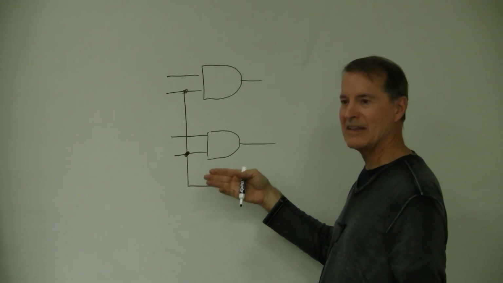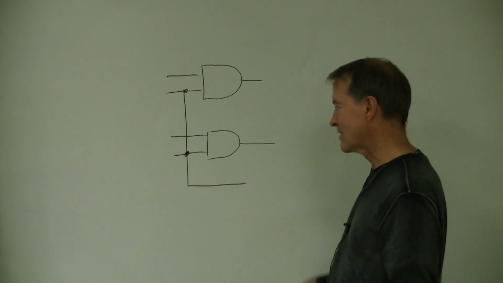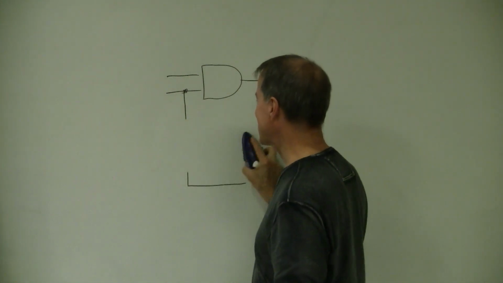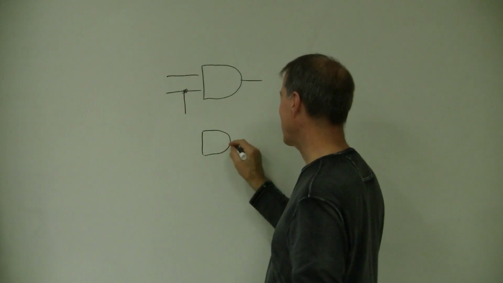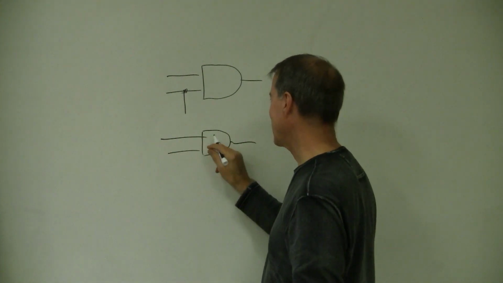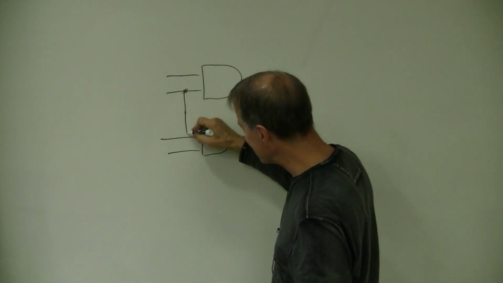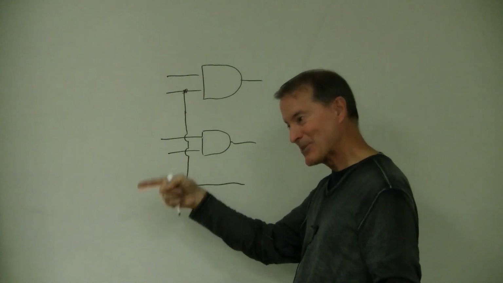So if you want to get in the habit of drawing good circuit diagrams, the way it's always done, and I tell you, I used to see this, but it doesn't happen very much anymore, you can tell when somebody has written a book and doesn't really have any industry experience. Some books used to do this. Have you ever seen this? Little bumps to show that it jumps over.